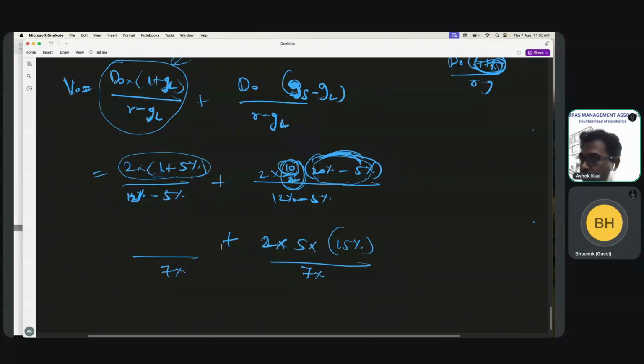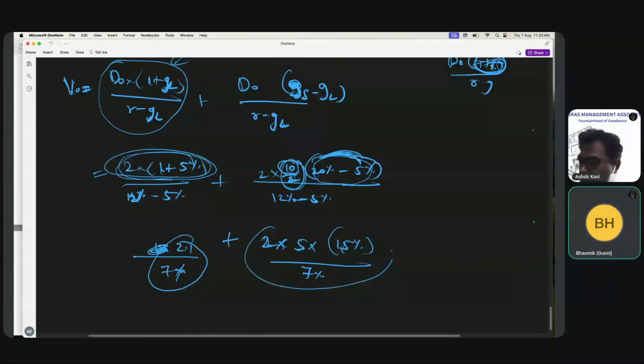Calculate this numerator. 15 into 5, sorry, into 2. 150, sorry. Which is 1 plus, this numerator. Sorry, 2.1. Now you calculate this and add up.